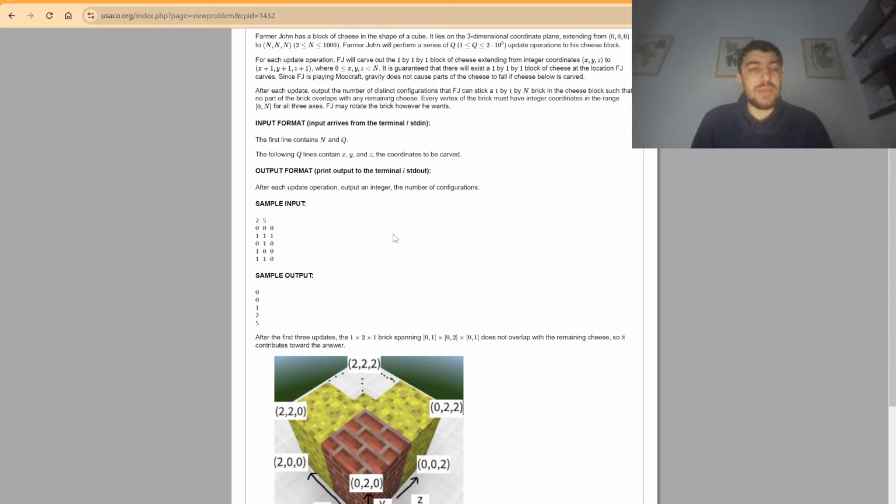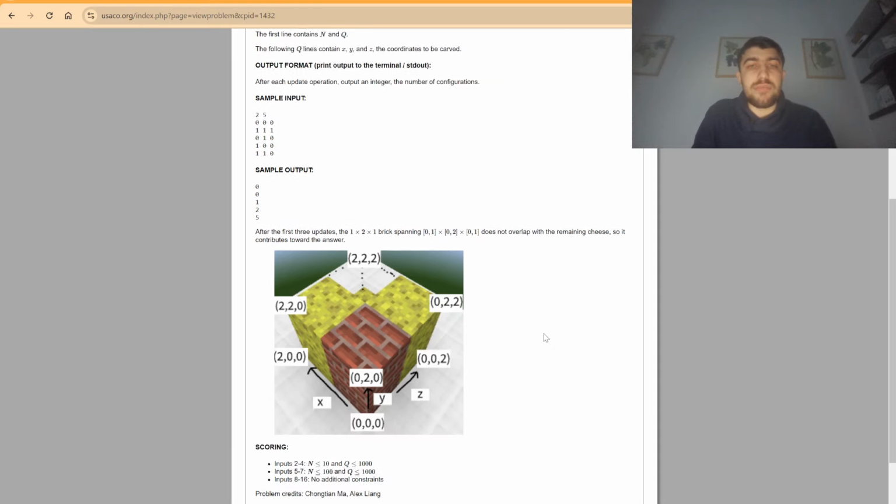And this is actually something that can be done relatively fast by just storing some 2D arrays, where for each array we store how many of the cheese blocks were taken out. And you can do that for each of the 3 planes. And whenever you take one of these coordinates, all you have to check is whether the number of blocks you took out is equal to n.